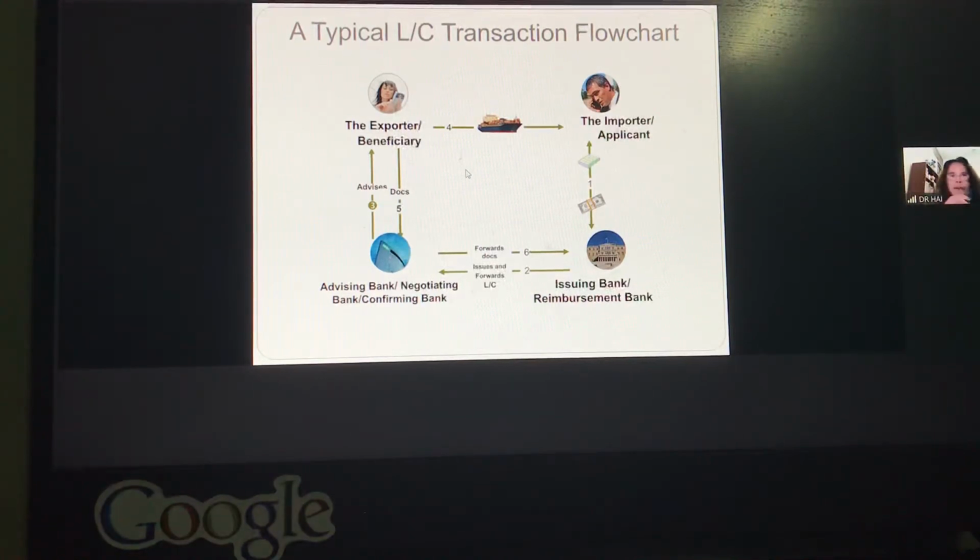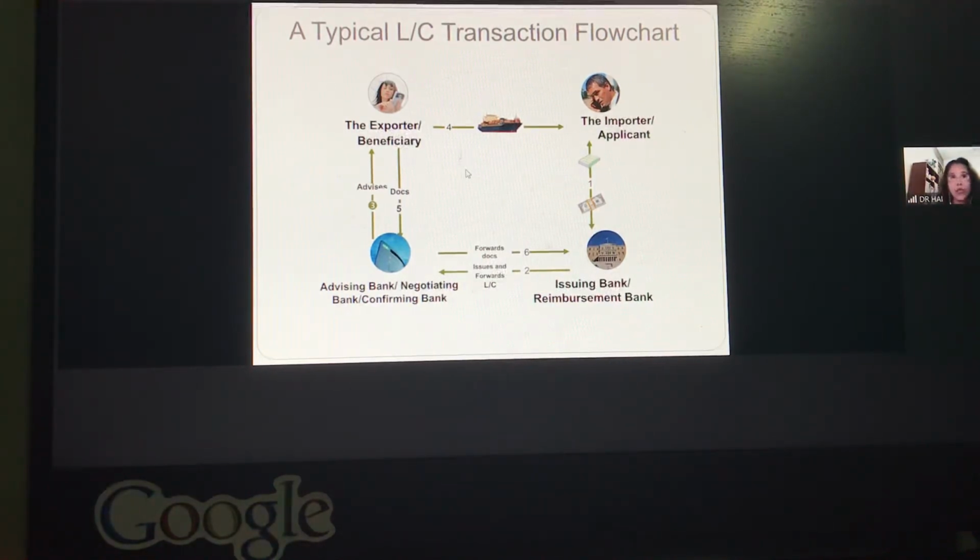After signing the sales contract, and especially after you receive the LC, what do you do? You mean with the exporter or importer? Yes, exporter. You were the exporter.